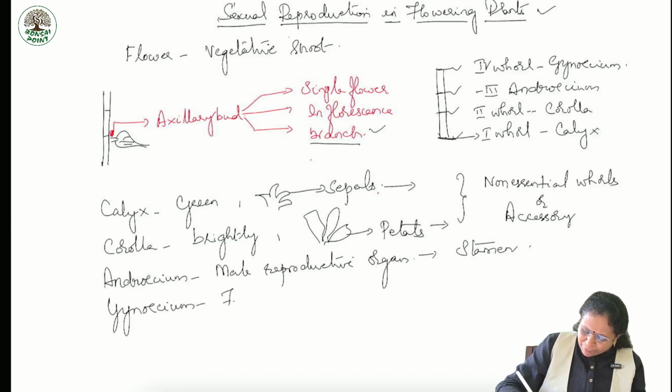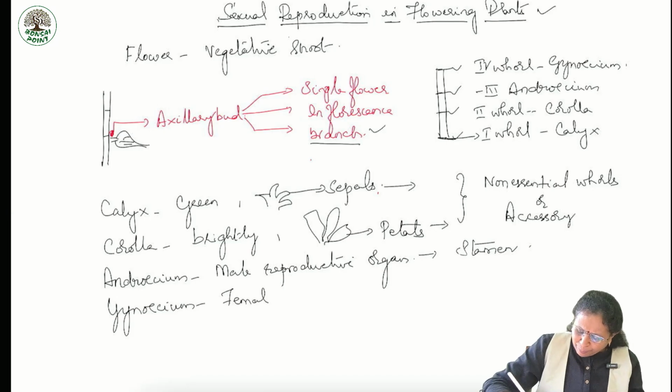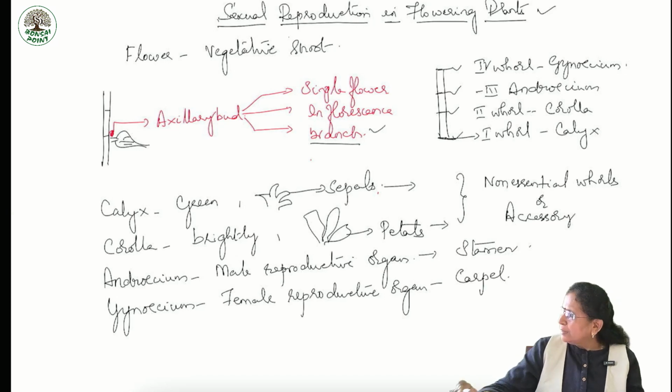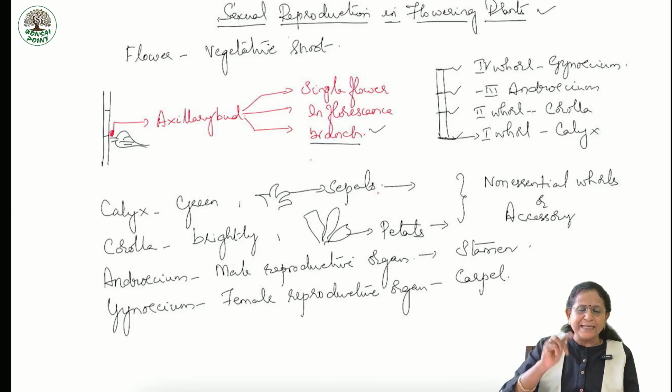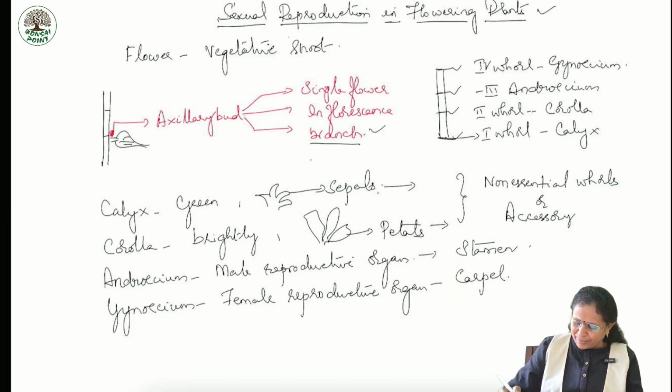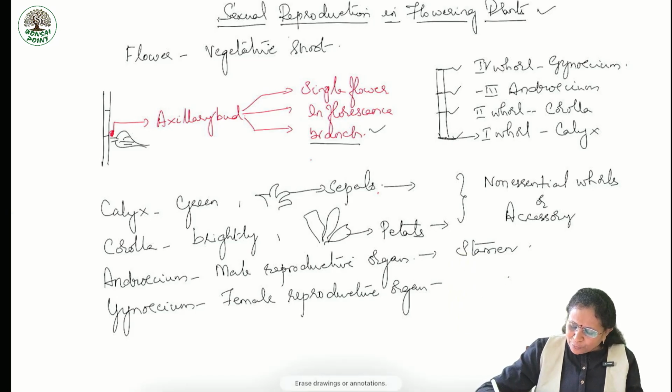This is the female reproductive organ of a flower. Its individual units are said to be carpels. Thus, what are the individual units of each whorl? Calyx, sepal; corolla, petal; androecium, stamen; and gynoecium, carpel.